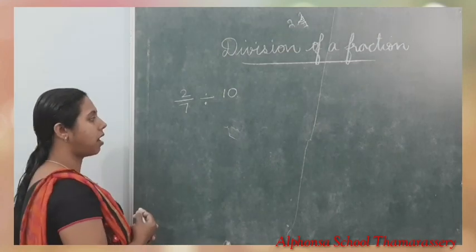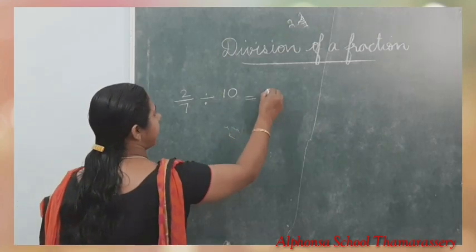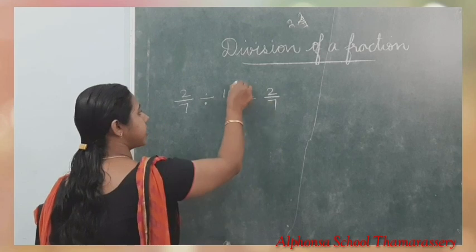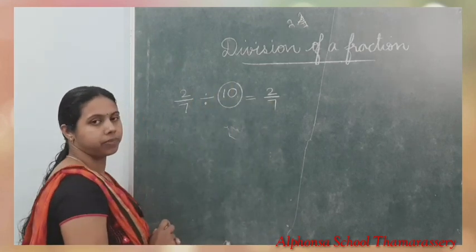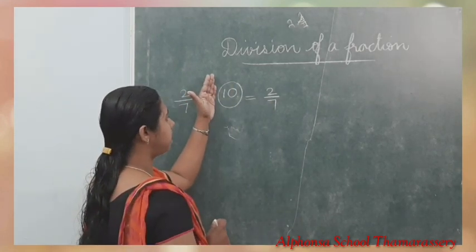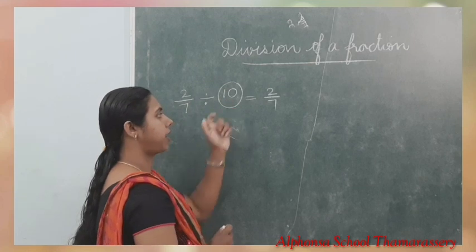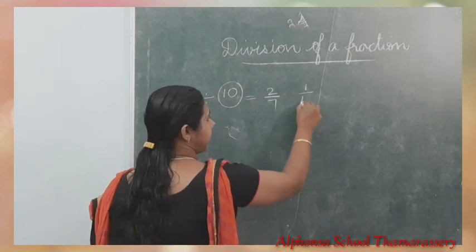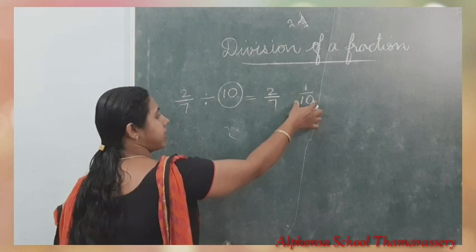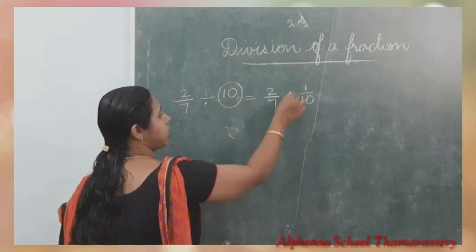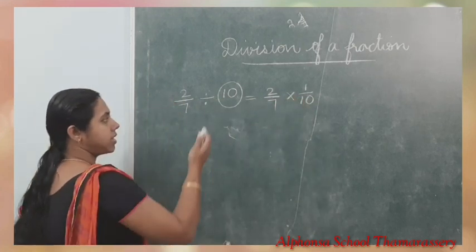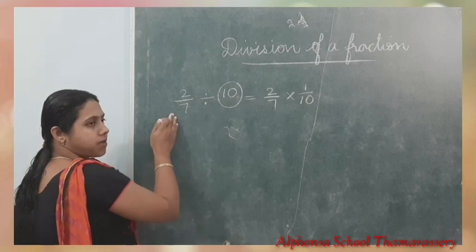The same procedure we have to use. You should write 2 by 7. Take the reciprocal of the second number, the right hand number, that is 10. The reciprocal of 10, we know it, is 1 by 10. Then when you take the reciprocal, the division sign will change to multiplication. Take the reciprocal and multiply with the first fraction.